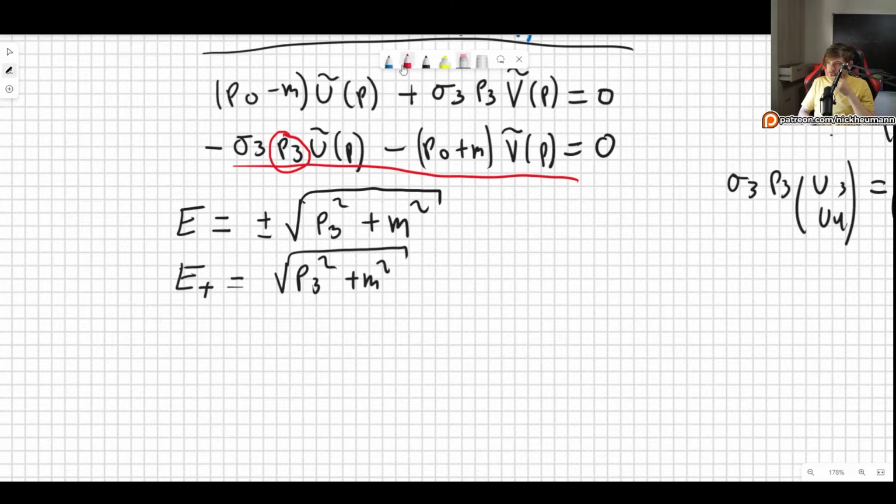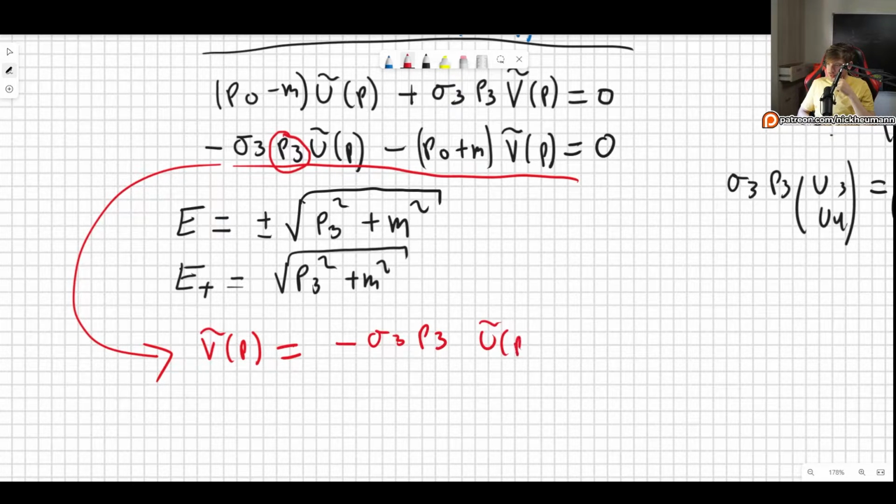Okay, so going from this equation, we get that v tilde of p is going to be, let's see, a minus sigma 3 p3 u tilde of p divided by p0. But what is p0? p0 is the energy, right? So it is basically what we have right there. That thing is p0. So it's simply going to be E plus, divided by E plus m. All right, so that is our v tilde of p.